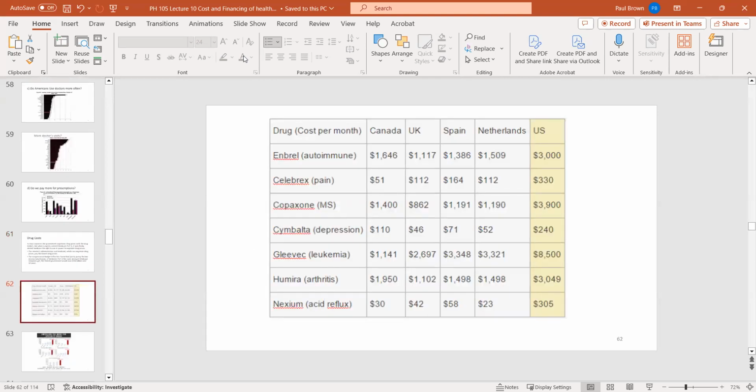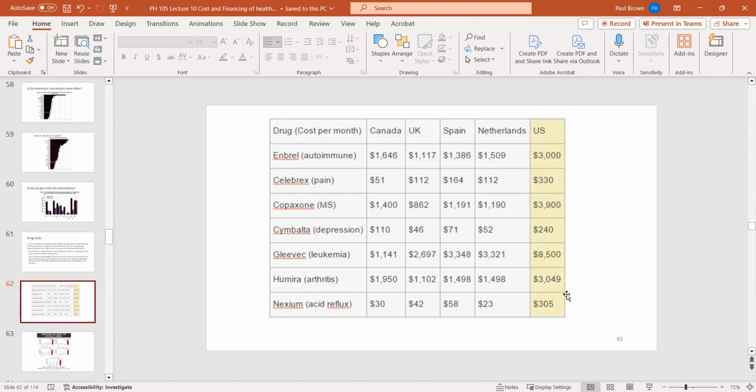And so here are some examples of what we pay for a certain type of drugs versus what they pay in other countries. So you can see that we pay twice as much, sometimes more than twice as much, for the same drugs as in other countries.